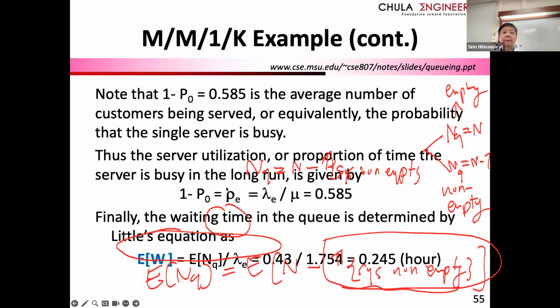You can see from the formula that this is equal to rho effective, that is lambda effective divided by mu. And now that you derive the number of customers in the queue, you can apply Little's formula only to the queue, using the effective lambda instead of the original lambda, right?